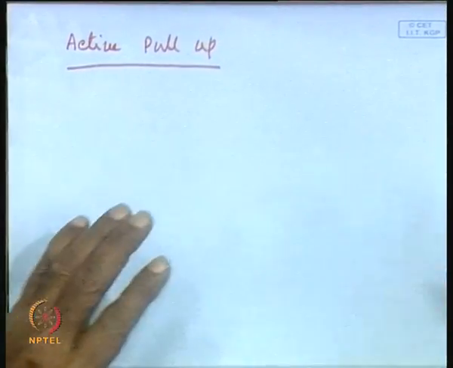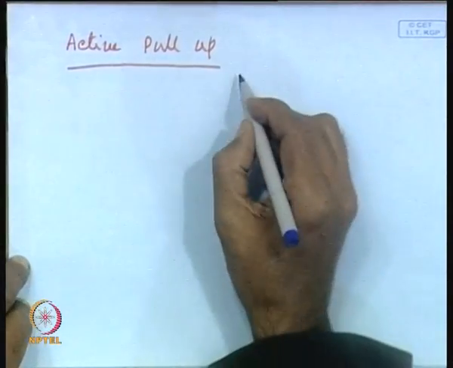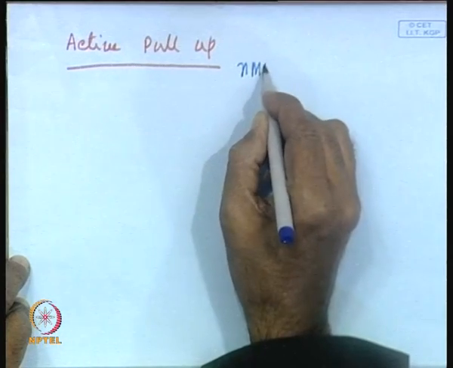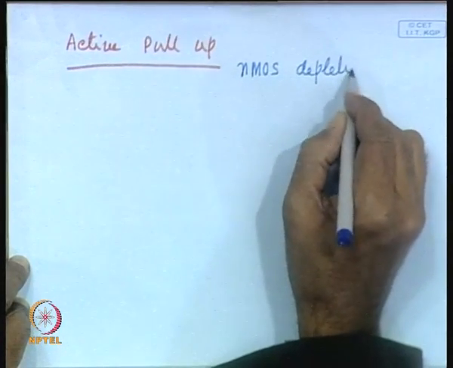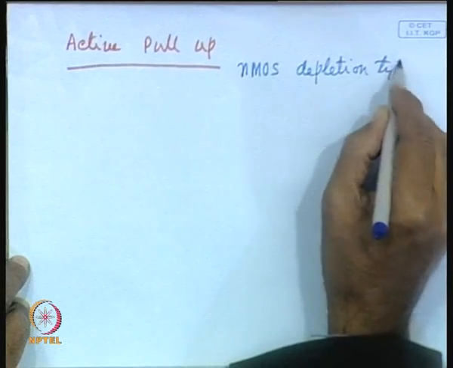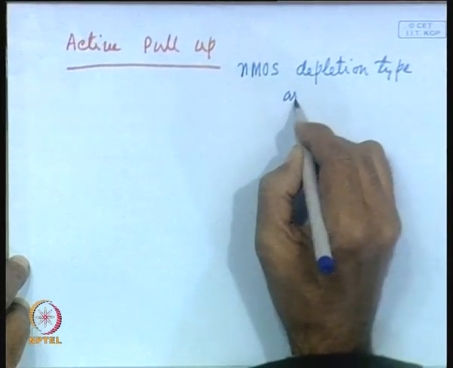So, let us start with the first alternative, that is the case where we are using an NMOS depletion type transistor as pull-up device.